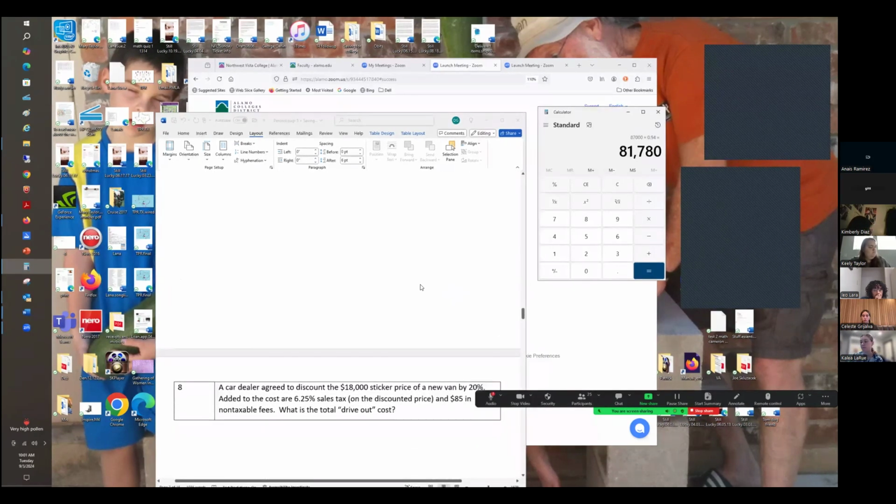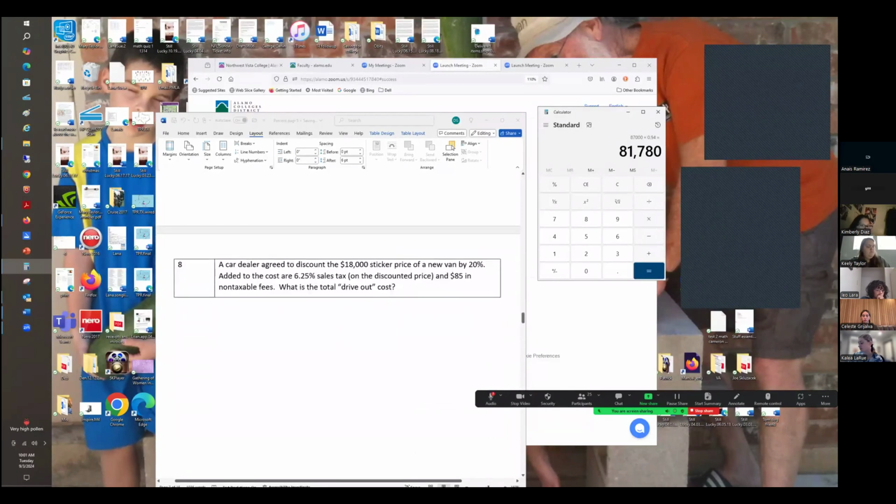Okay, number 8 can get really complicated. You're going to have an $18,000 sticker price, and he's going to knock 20% off. And then he's going to add 6.25% sales tax, and then he's going to add $85 in fees. What is the total drive-out cost?